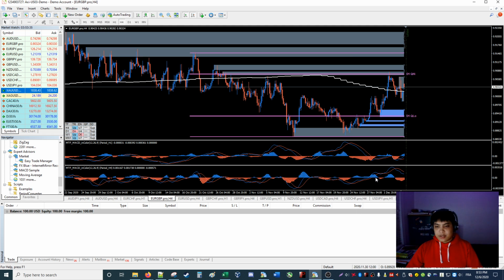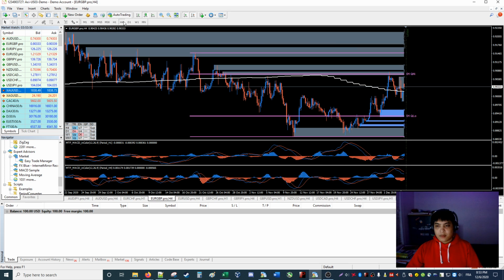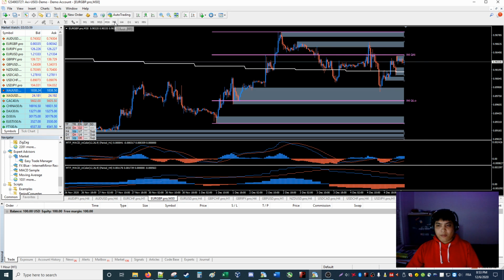Do we have divergence on H4? Almost. We don't necessarily have the divergence it says here, but I do think price wants to go down.